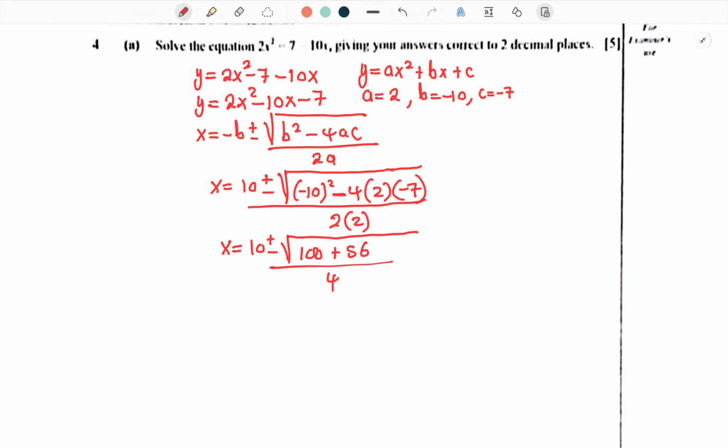Then you find the square root. So x is equal to 10 plus or minus 12.489996 all over 4.